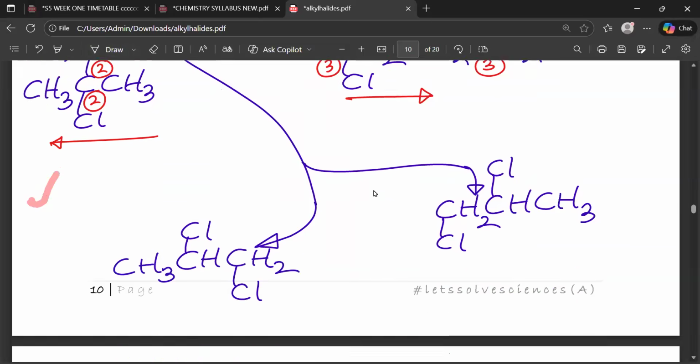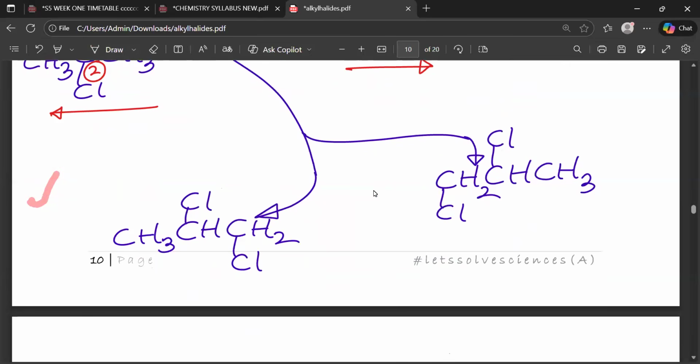Then these last ones. When I follow this direction, it is 2, 3. When I follow this direction, it is 1, 2, 3. You get?